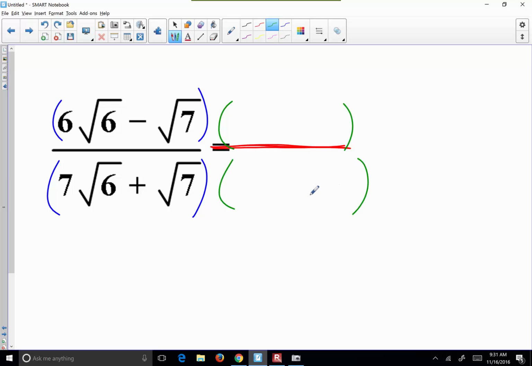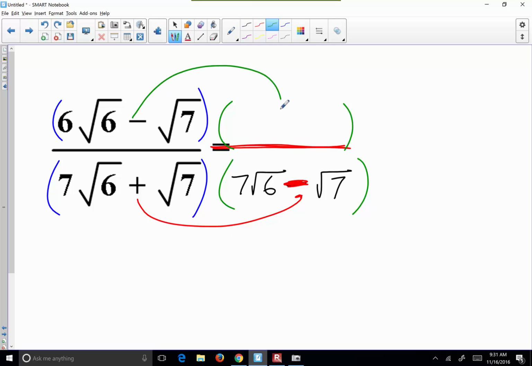Tell me. The conjugate of the bottom. So plus turns into minus. How about the top? Oh, the top will get its own conjugate, right? So you will get the conjugate of the top as well. You'll flip the sign in the end of the top.